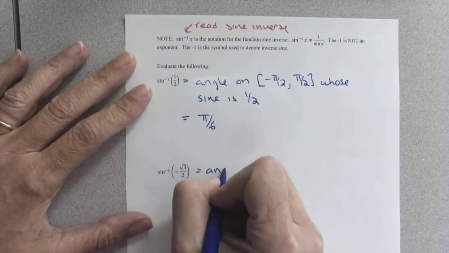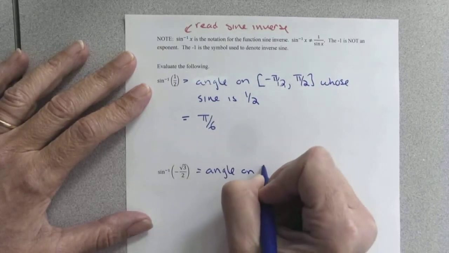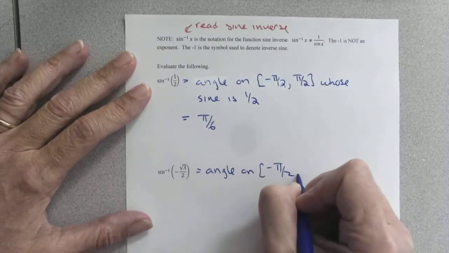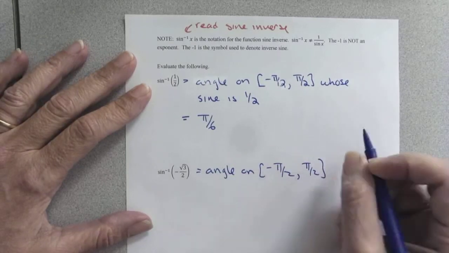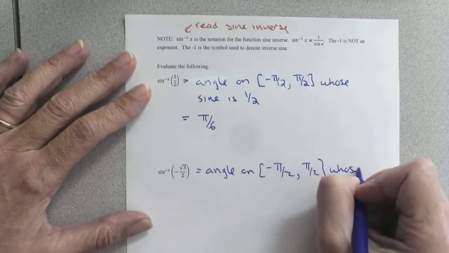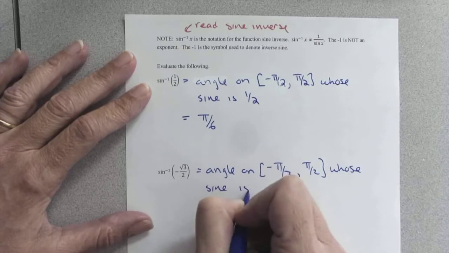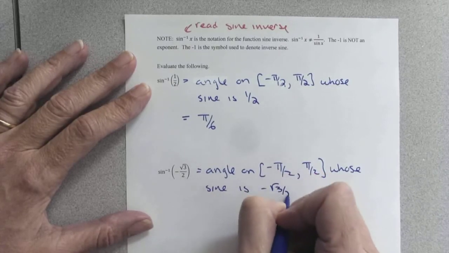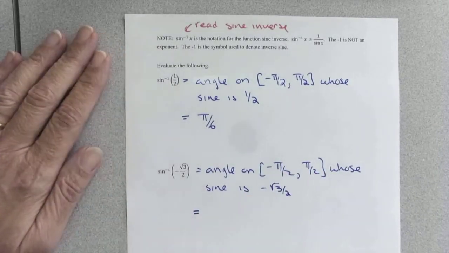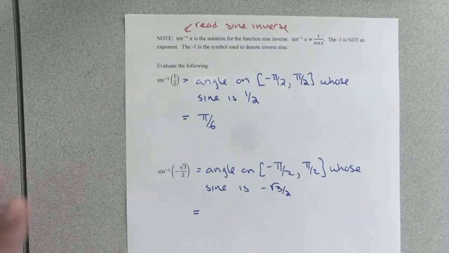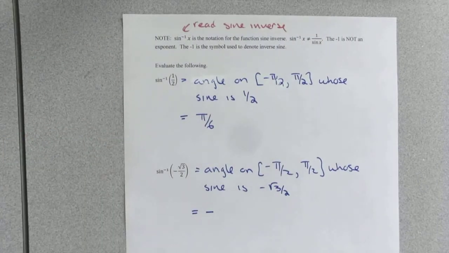Same thing here. This will be the angle on negative pi over 2 to pi over 2 whose sine is negative square root of 3 over 2. Now here's the deal about the negative ones. The answer is just going to be negative.